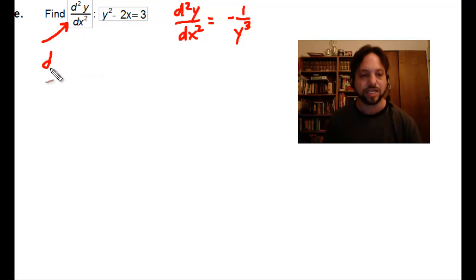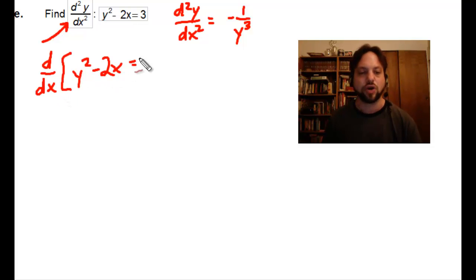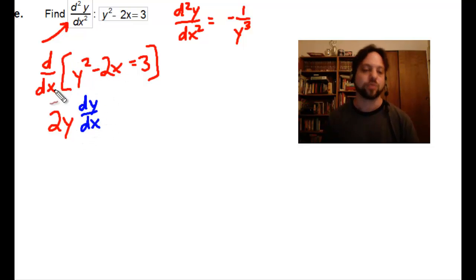We'll start with just differentiating once with respect to x, this implicit equation. And you should have no problem doing that. We've already done enough where you should be able to get this. So when we differentiate the y squared with respect to x, of course we'll just get 2y along with our dy dx. When we differentiate the negative 2x with respect to x, that's just going to be minus 2, and this will just be 0.